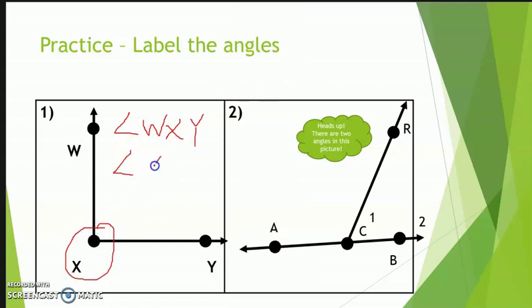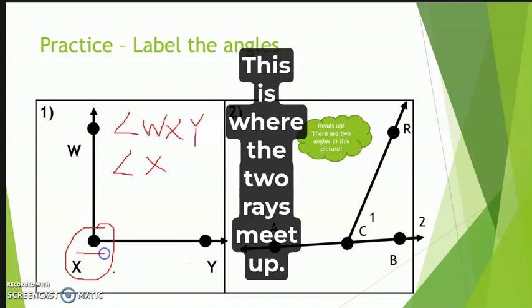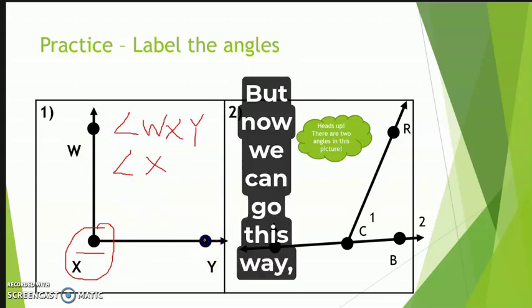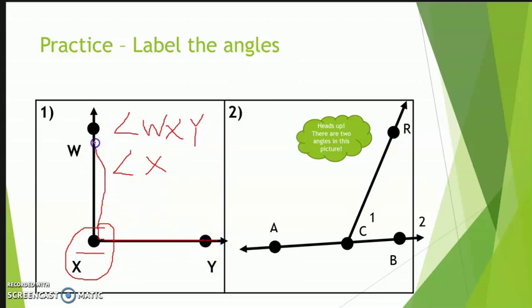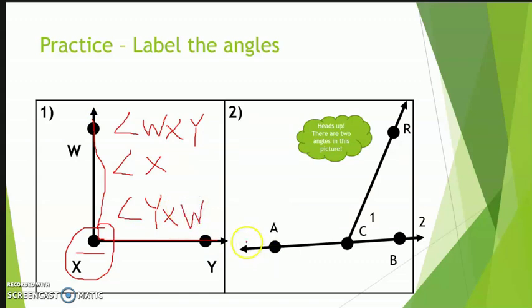So we could do angle X because it only has one vertex, right? This is where the two rays meet up. Okay, but now we can go this way and it can be angle Y, X, W.